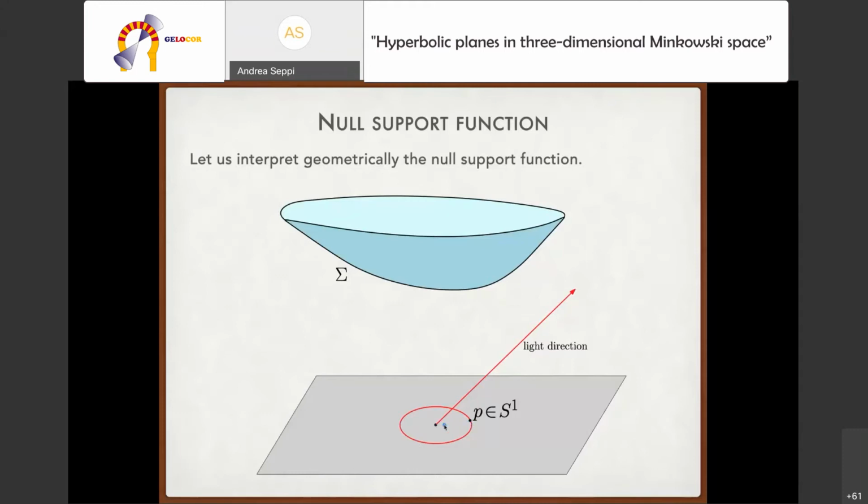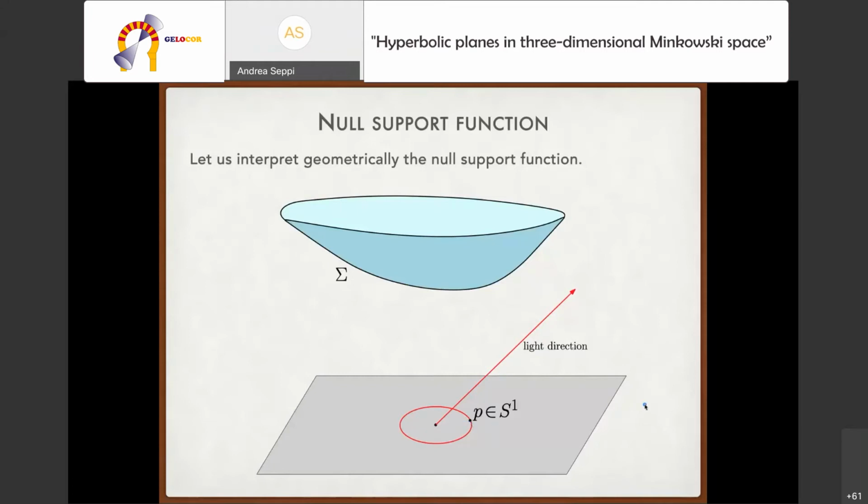To this point P on the circle, we have a light-like direction, which projects down to the light-like geodesic, which projects down to the ray from the origin through P. Can you see this picture? It's fine? Yes, perfect.